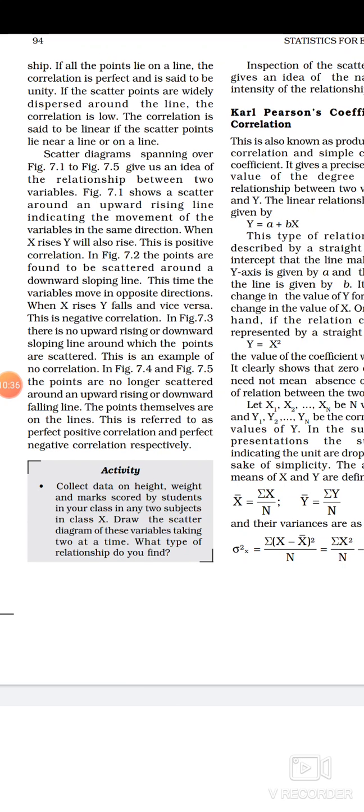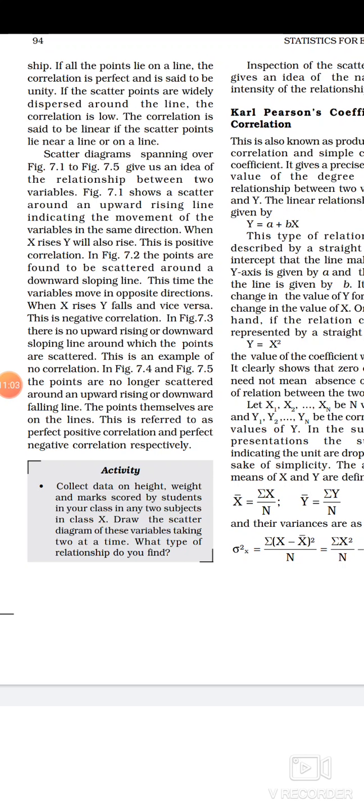Figure 7.1 shows a scatter around an upward rising line, indicating the movement of the variables in the same direction. When x rises, y will also rise. This is positive correlation. In figure 7.2, the points are found to be scattered around a downward sloping line.